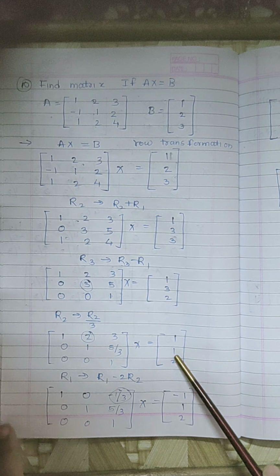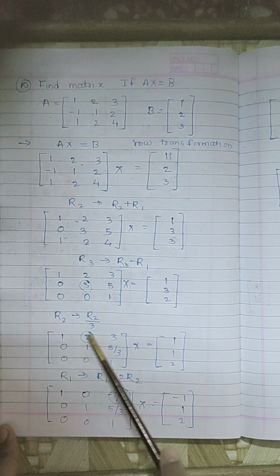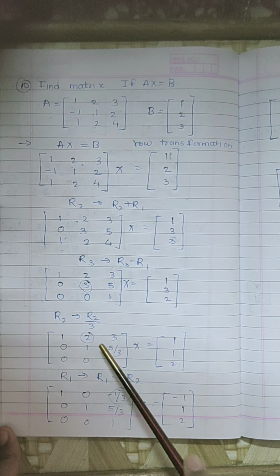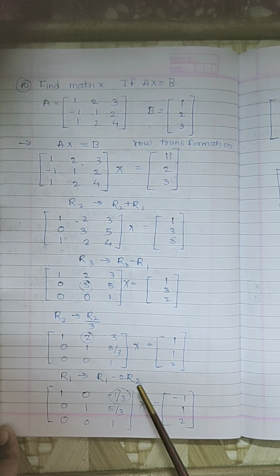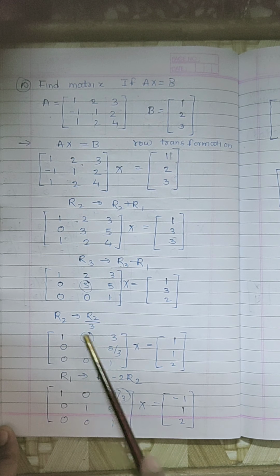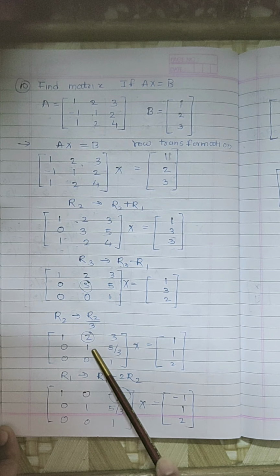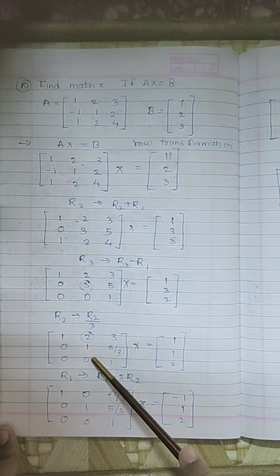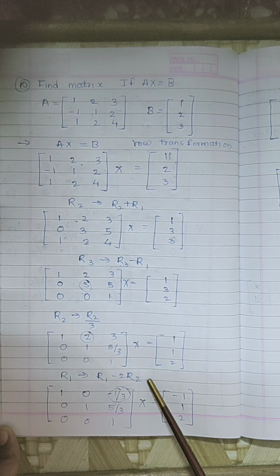Now this 3 we have to convert into 0. First down we have converted, now this 3 we have to convert into 0. So first we will convert this 2 into 0. So what will you do? Now see here, 1 is there, so we can easily convert. If you multiply this by 2, 2 minus 2 will be 0. So R1 changes to R1 minus 2 R2.